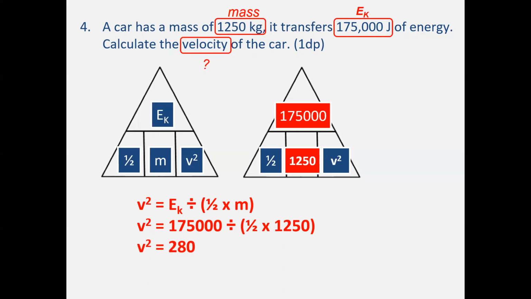So V squared equals 280, but you don't want velocity squared, you want velocity. So you would square root that value of velocity squared. So the square root of 280 is 16.7 meters per second to 1 decimal place. And it's 1 decimal place that you've been asked to provide an answer to.